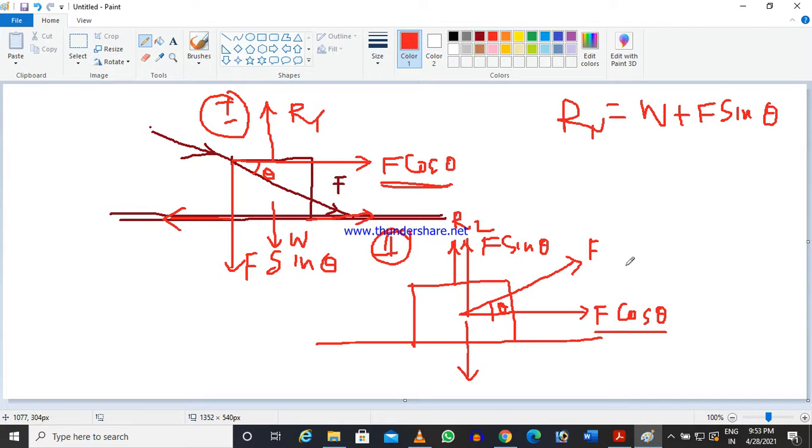Now from the vertical components, if we equate: R2 and F sin theta are in the same direction, and W is in the opposite direction. So W is equal to R2 plus F sin theta, so R2 is equal to W minus F sin theta.